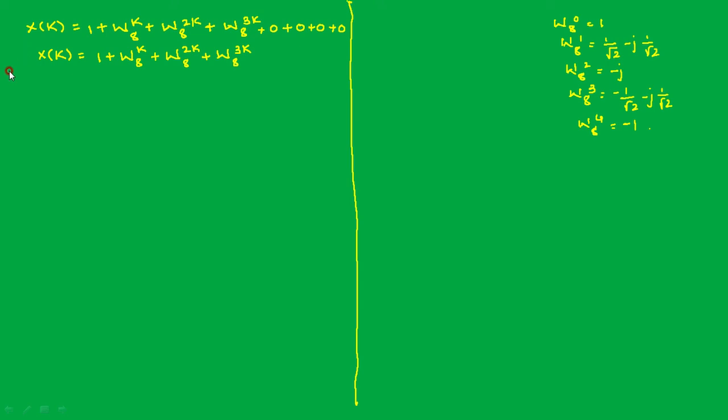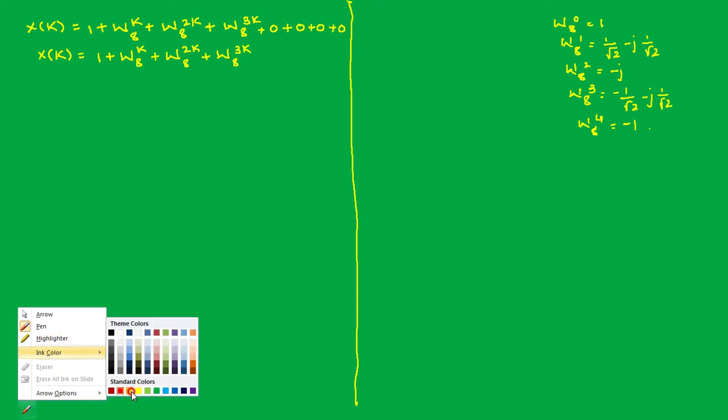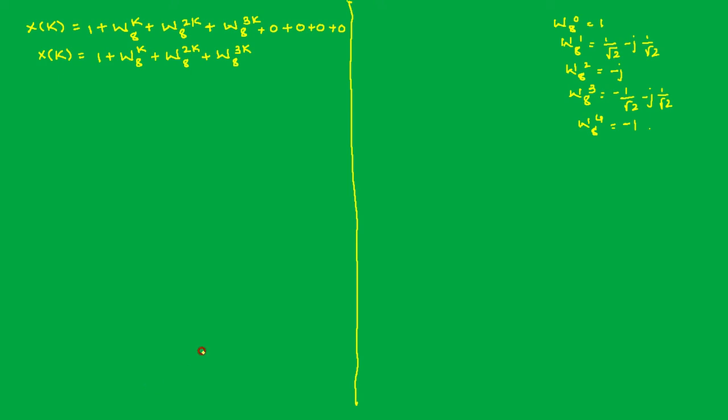So to find the DFT samples, now let us start substituting k is equal to 0 till k is equal to 7. So here I will substitute first k is equal to 0, so that you will get the first sample in the DFT sequence x of k, that is x of 0.